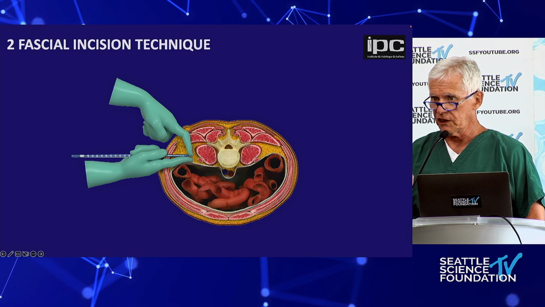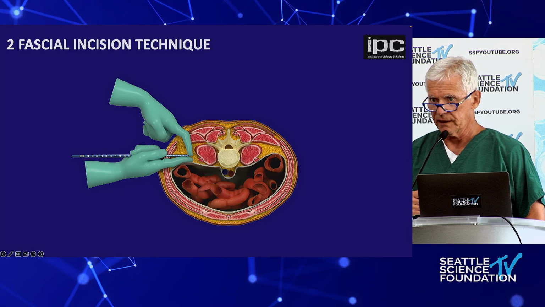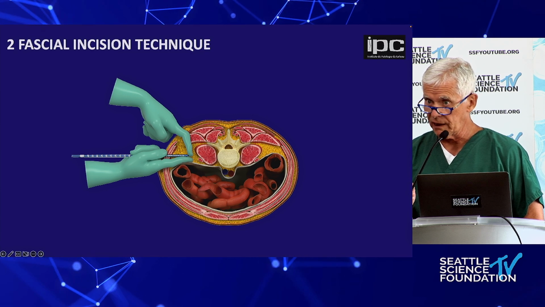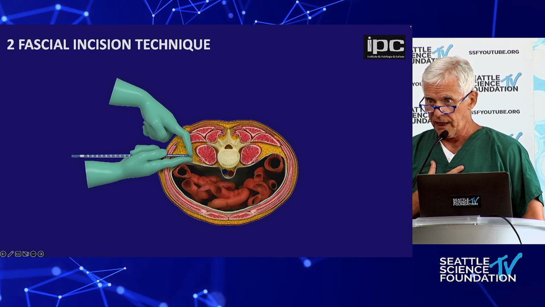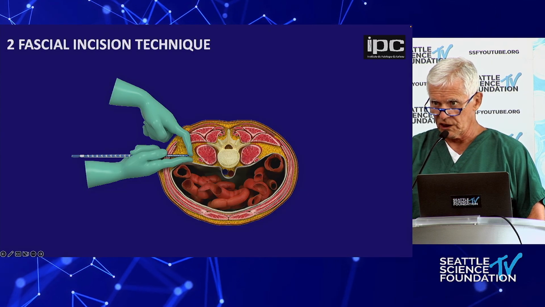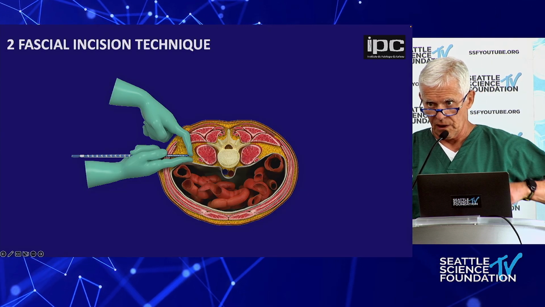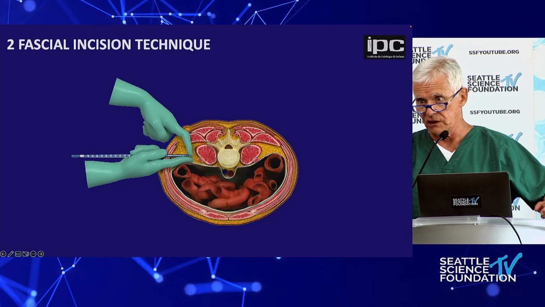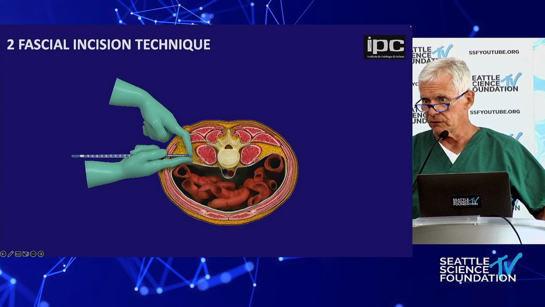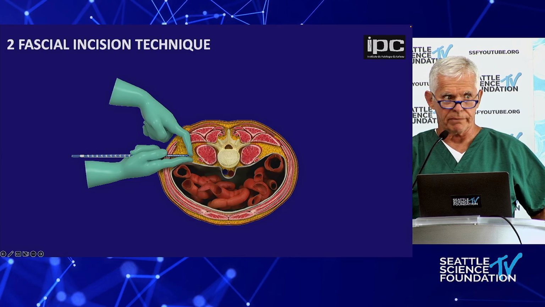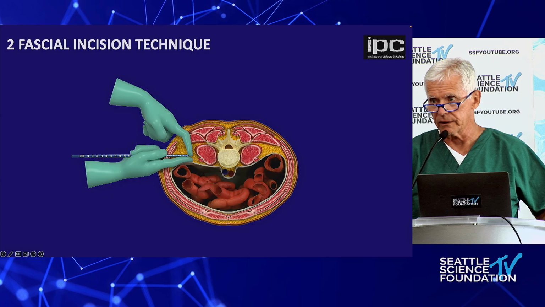If you can stitch the transverse fascia, great, but I can tell you it's hard and dangerous. In my hands, I just do two or three stitches on the muscles, but I don't go as deep as the transverse fascia because there's a risk that you grab a piece of bowel together.